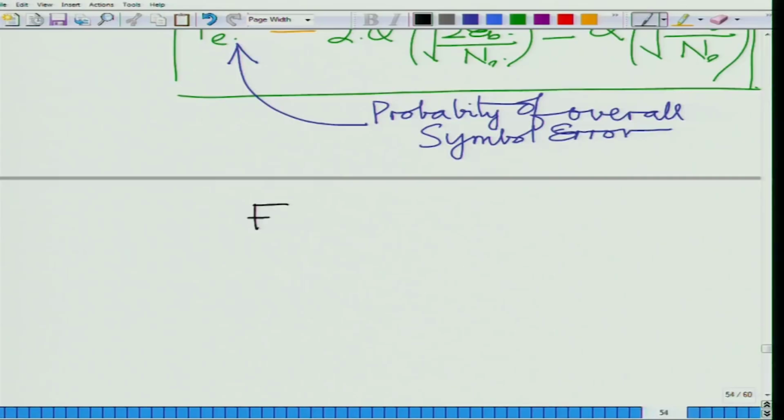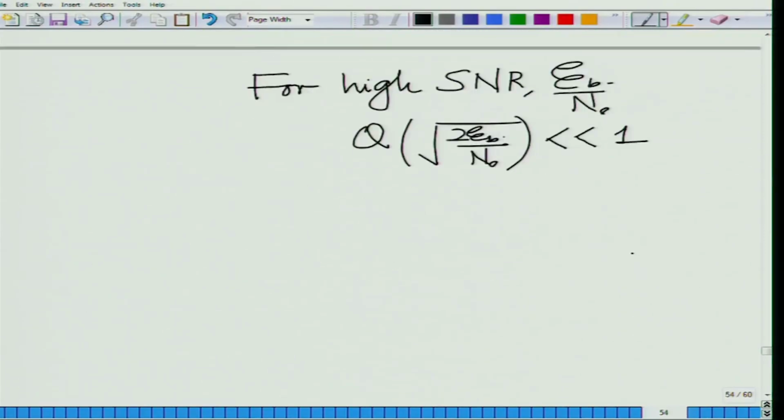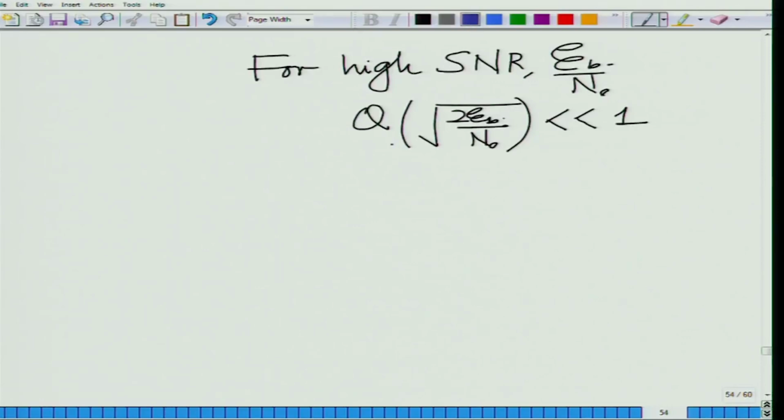And now you can see for high SNR, that is E_b over N_0, Q of square root of 2 E_b over N_0 is much smaller than 1.